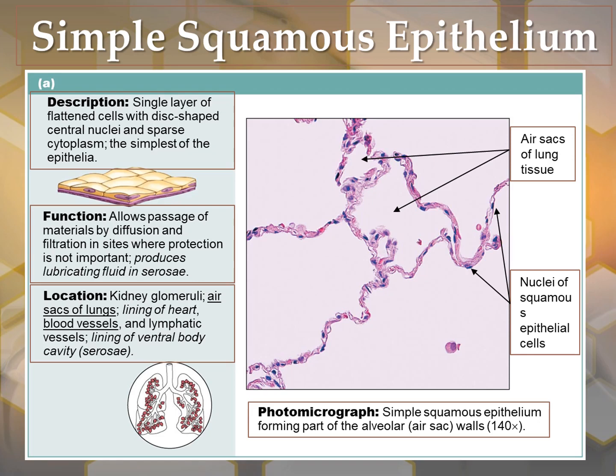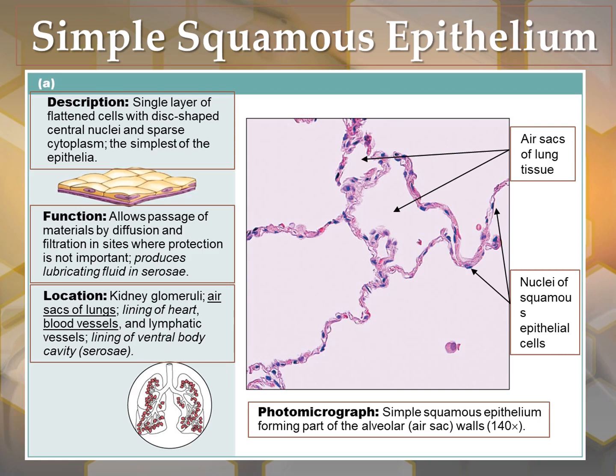So let's go through each individual epithelial tissue. So remember, they're all named with two names. So our first is our simple squamous. So we're going to have just a single layer of those flattened, kind of fried egg-like cells. And it's really the simplest form of epithelial tissue.